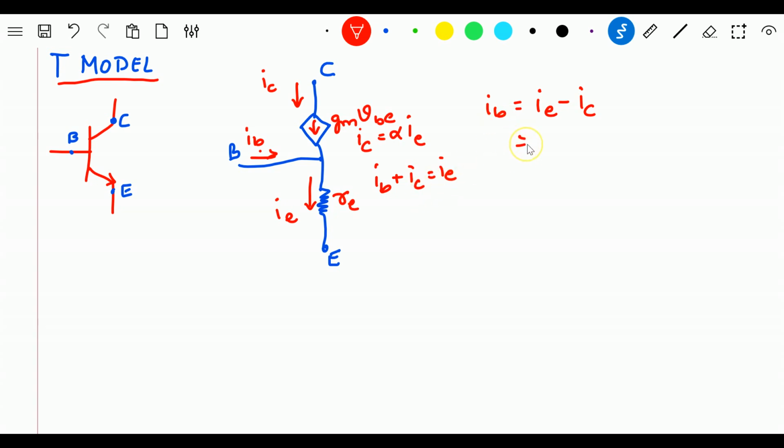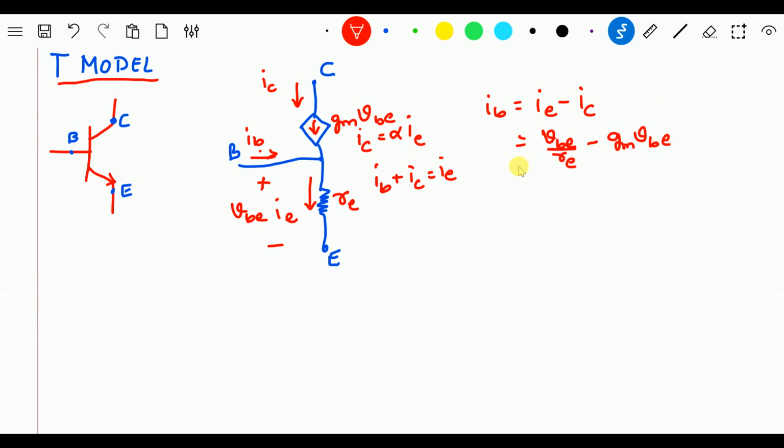Now what is IE? The base emitter voltage, the input voltage, is across the emitter resistance RE. Keep that in mind. Therefore, my IE will be equal to VB by RE, and IC is GM into VB.